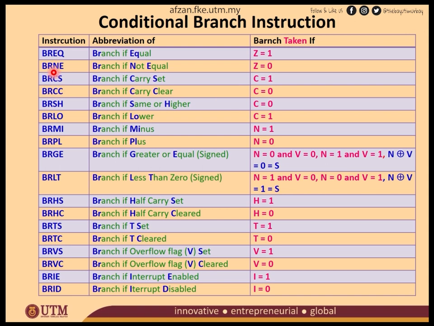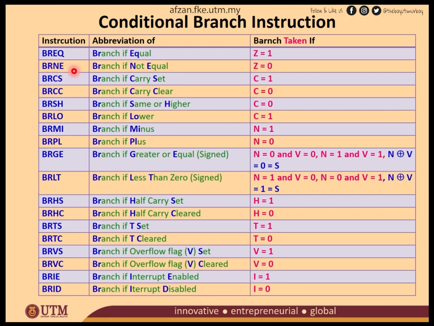For BRNE, BRNE stands for branch if not equal. This branch is taken if Z equals 0. For example, earlier we have the first number as 5 and the second number as 5. 5 minus 5, you get 0, and then your Z equals 1.